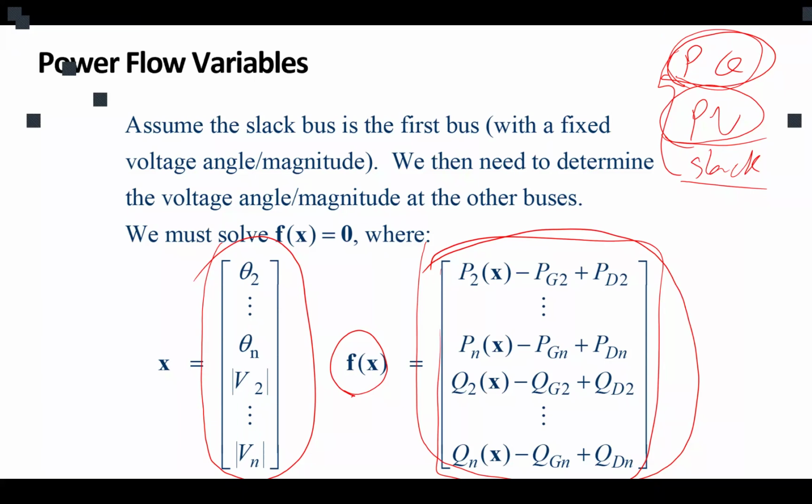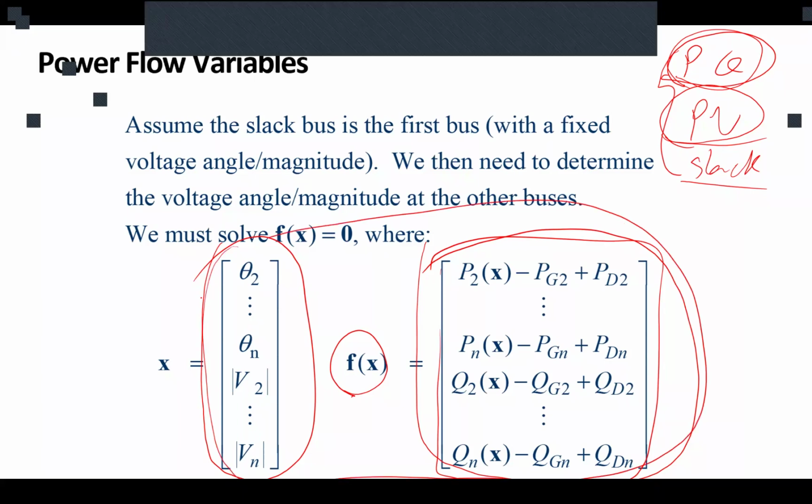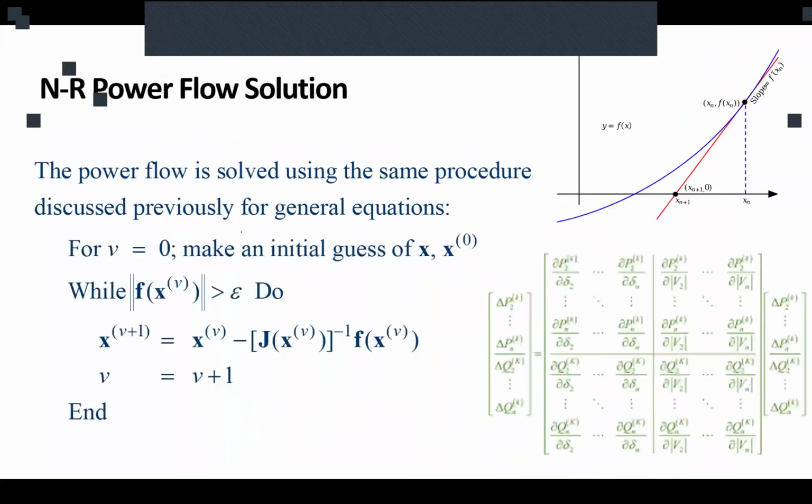Now, how could we develop an iterative numerical solution to find the actual numbers for theta and V? We use Newton-Raphson. How does Newton-Raphson work? Look at this picture. This is our first guess, or our n-th guess.